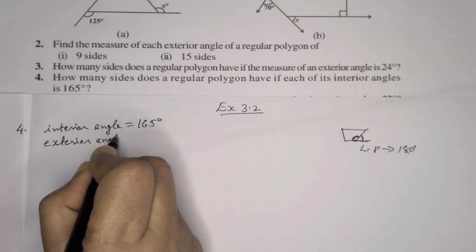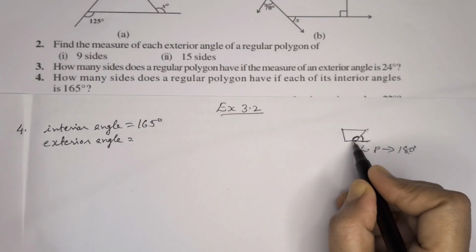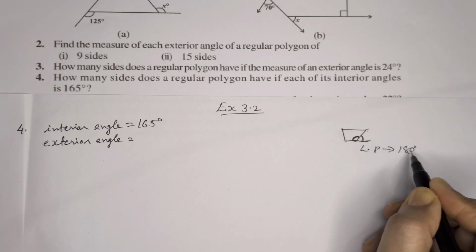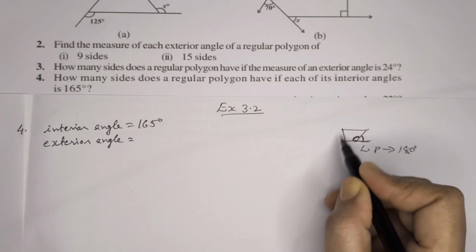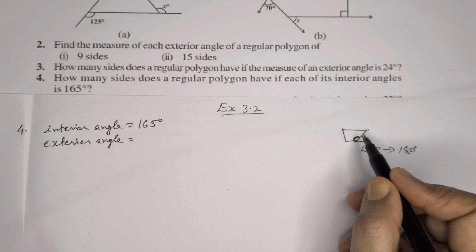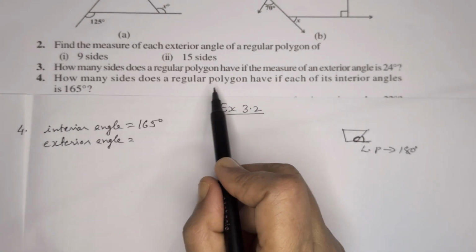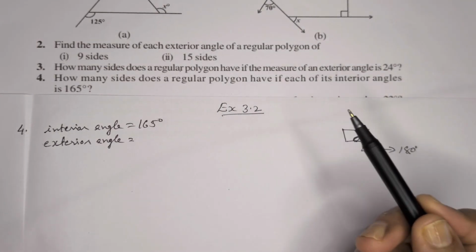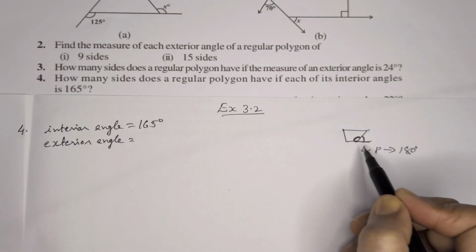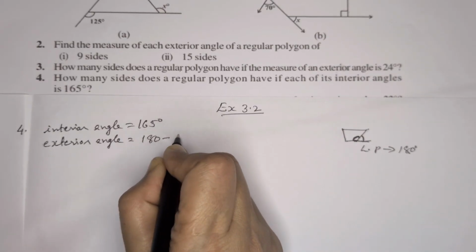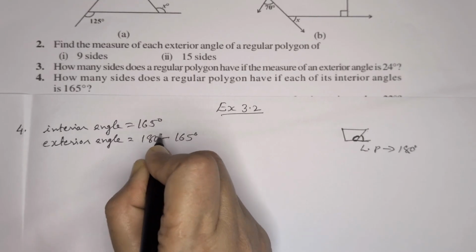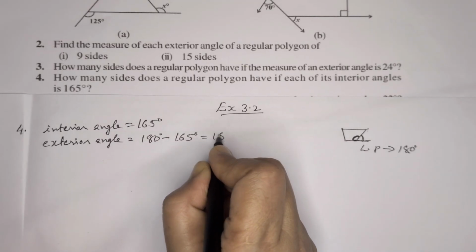Then exterior angle: interior plus exterior is equal to 180. So interior is 165. This is an example only. We don't know how many sides. We are going to find how many sides this regular polygon has. Now the exterior angle is equal to 180 minus 165, which is equal to 15 degrees.